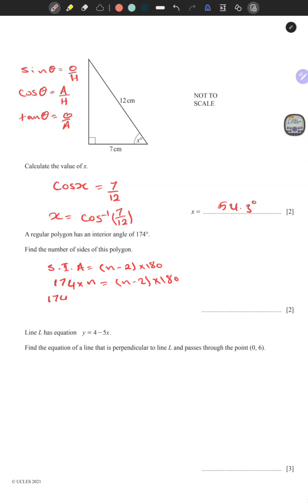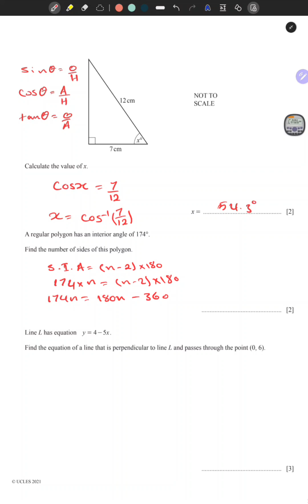Here 174n equals 180n minus 360, as I multiply the bracket through by 180.